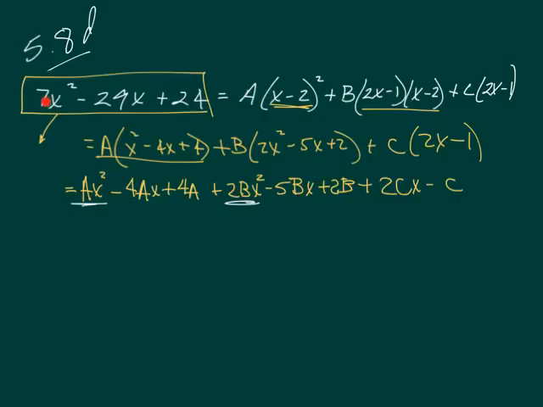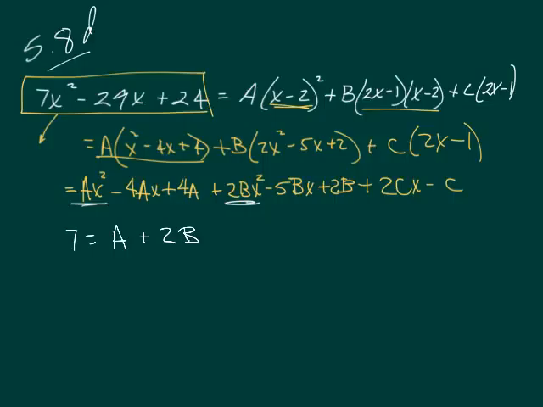So 7 has to equal my a plus my 2b. My coefficients of x squared, when I add them together, need to equal 7.